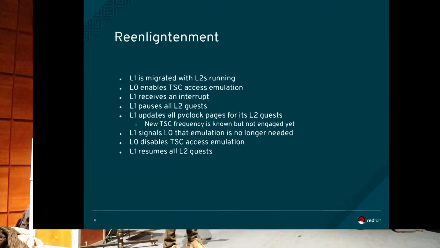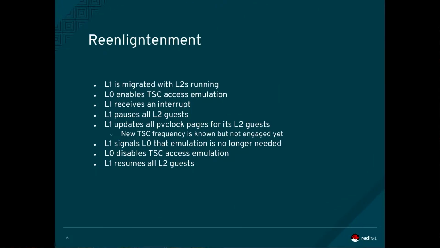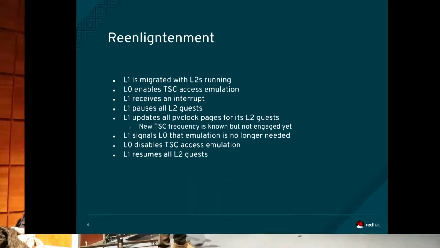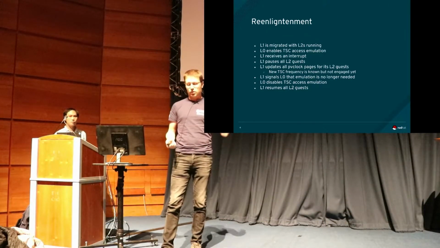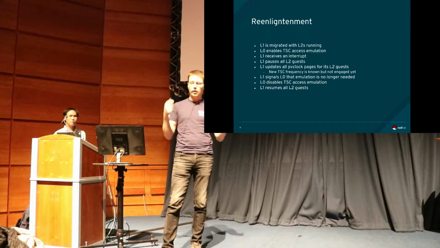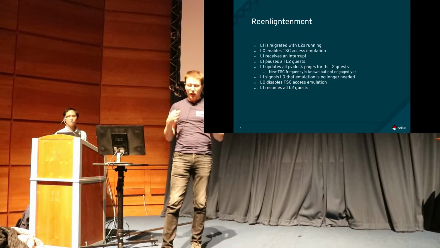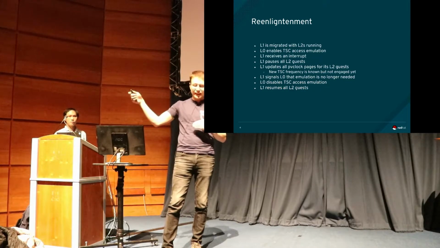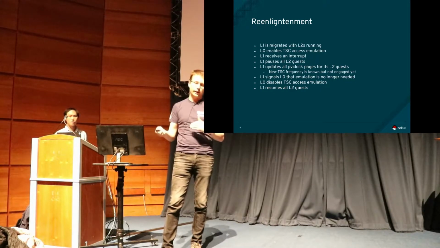So Microsoft came up with the so-called Reenlightenment feature. They like this word, right? So what happens is that level 1 migration usually happens transparently. But if you're running your own guests, then you actually need to be aware of it.